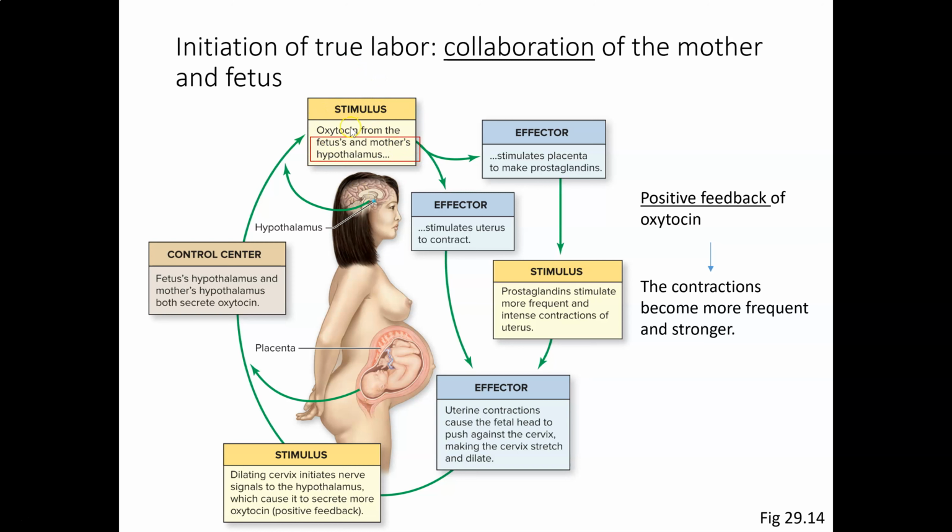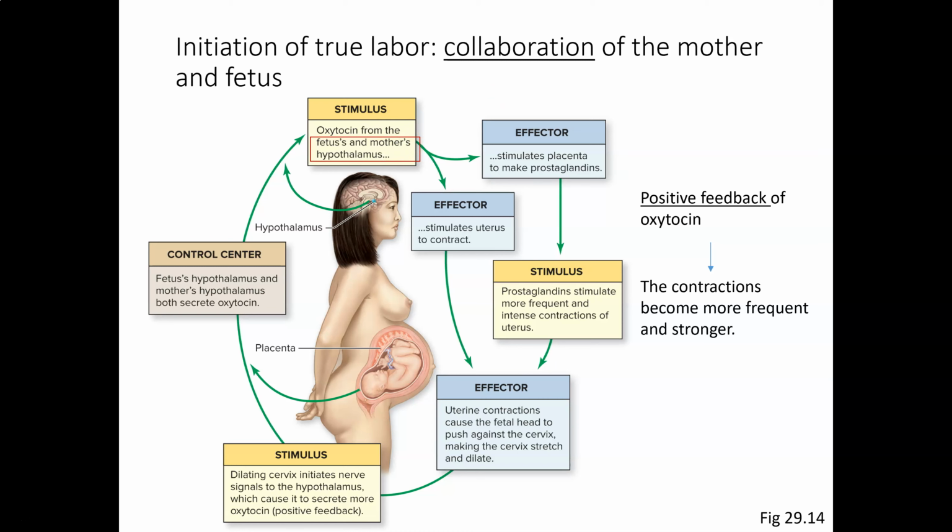The stimulus here is oxytocin from both the mother and fetus. And then the effect of oxytocin. As we talked about in the last lecture, it's a hormone that stimulates the contraction of smooth muscle in the uterus.